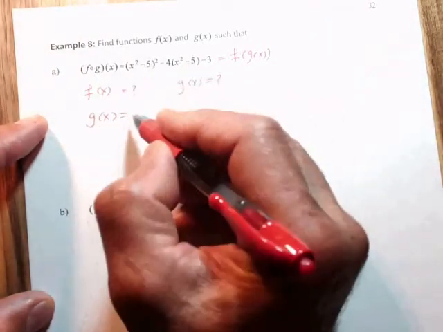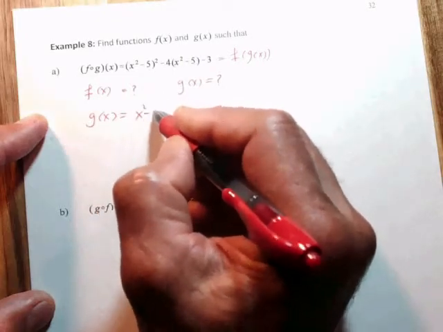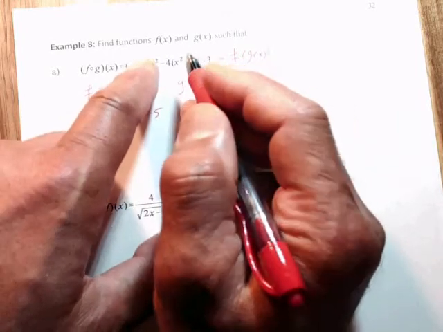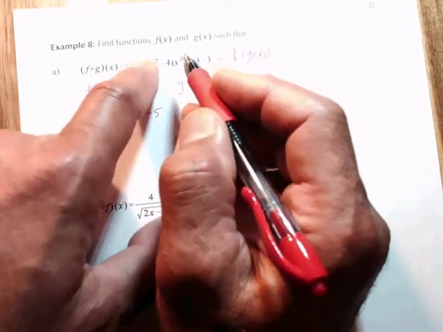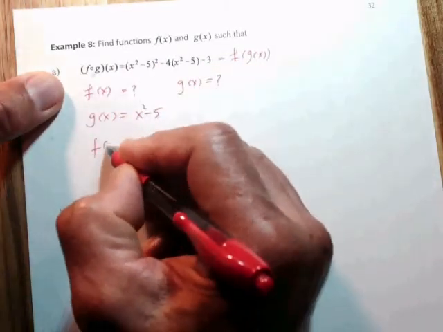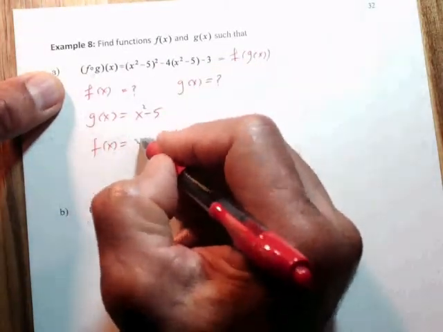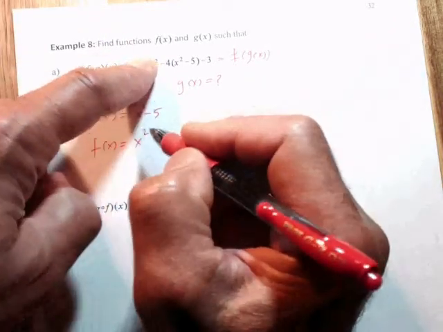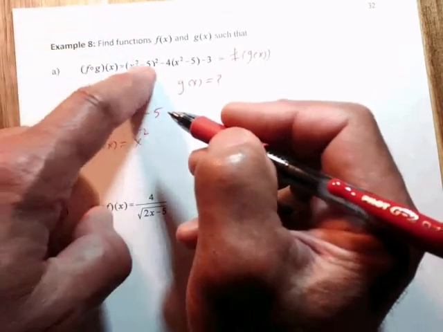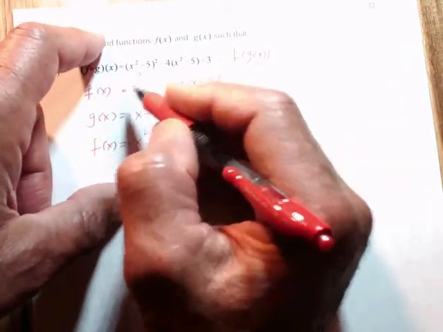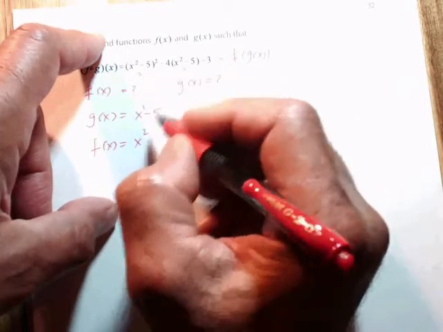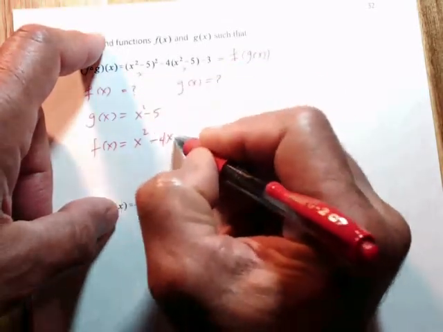Seems like x squared minus 5 has replaced whatever you had here for f, which is x. So f of x therefore is, this whole thing is squared. We call it x squared because x has been replaced by that. So if I remove that, I have to replace it by x, and if I remove this, I replace it by x. So I get x squared minus 4x minus 3.